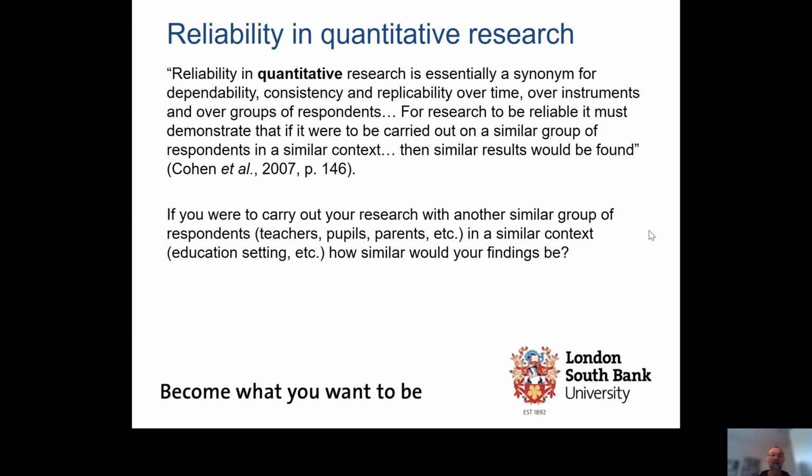In other words, if you were to carry out your research with another similar group of respondents, teachers, pupils, parents, in a similar context, how similar would your findings be? How reliable? That word reliable means something very specific in the context of research.